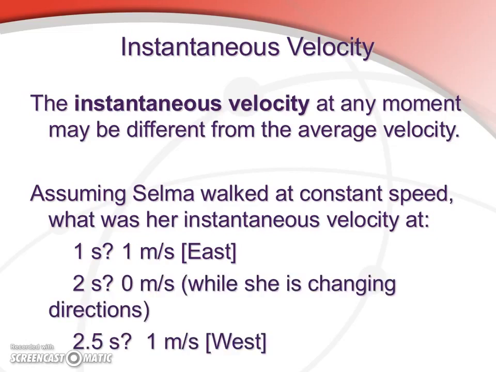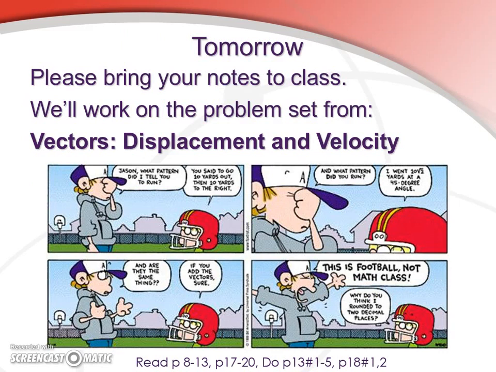At 2 seconds, she was actually changing directions, so we can argue at precisely 2 seconds, her speed was 0 meters per second. And then for the last second, she was traveling west at 1 meter per second. So the instantaneous velocity can be very different from the average velocity. Okay, so that's a very quick introduction to displacement and velocity.